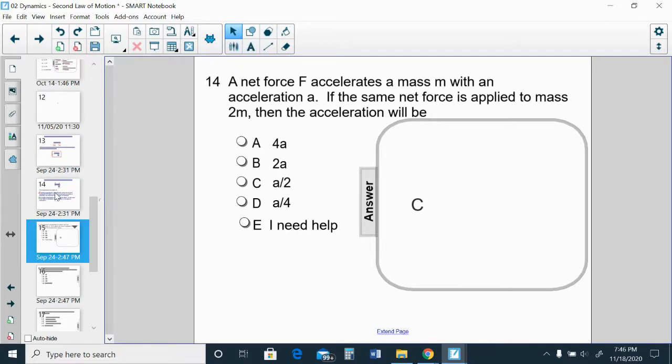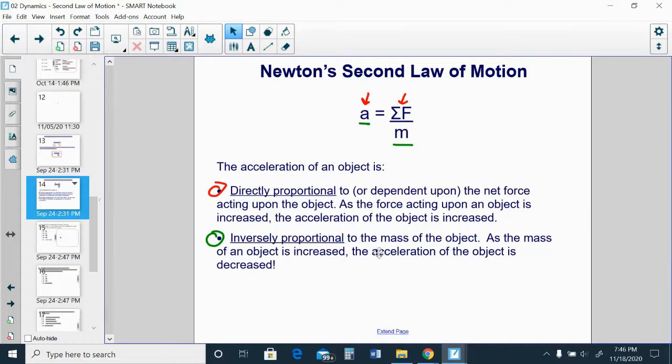Recall that this is because the relationship between acceleration and mass is inversely proportional. So as the mass of an object is increased, the acceleration of the object is proportionally decreased.